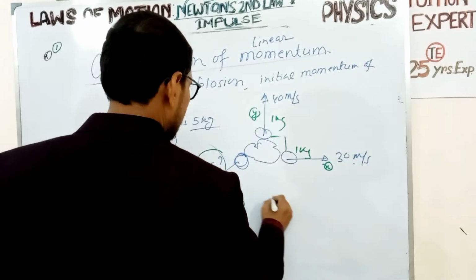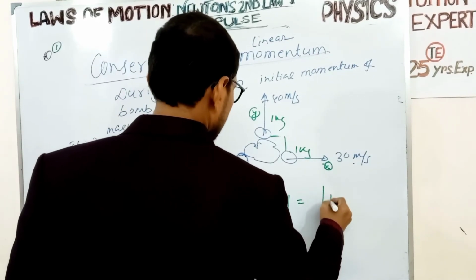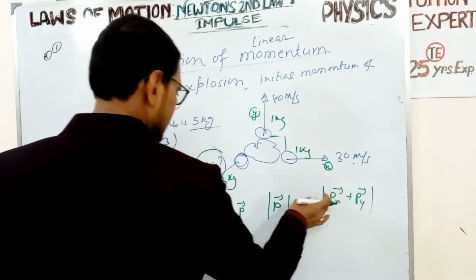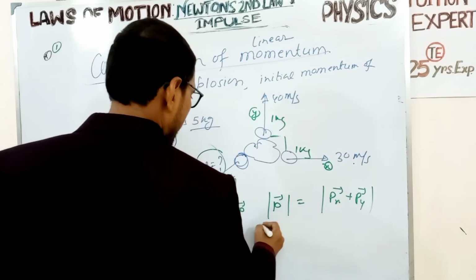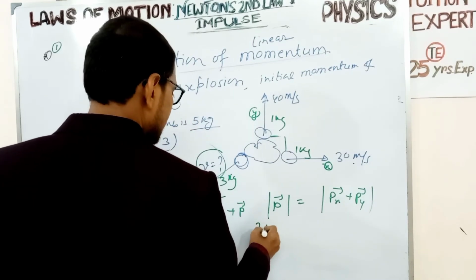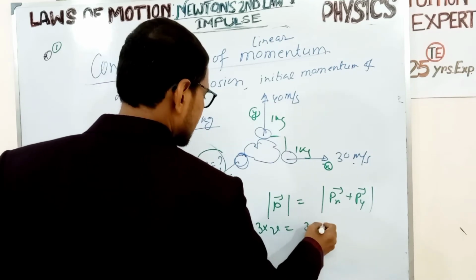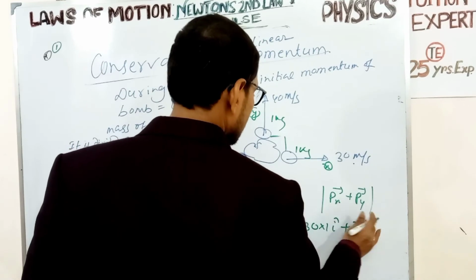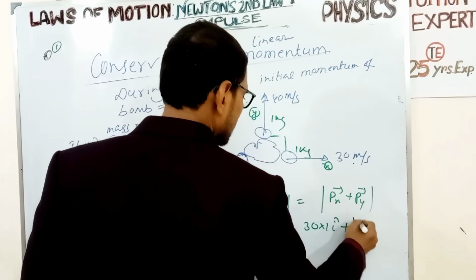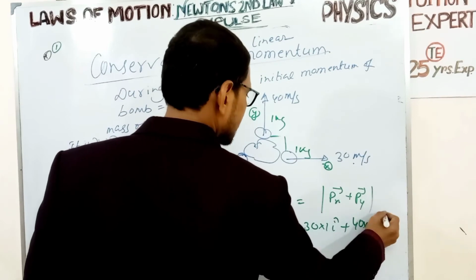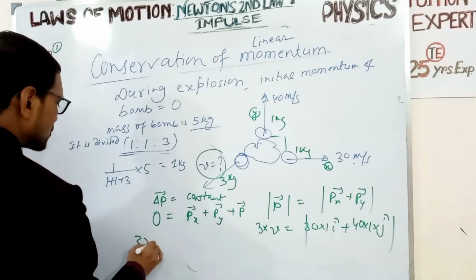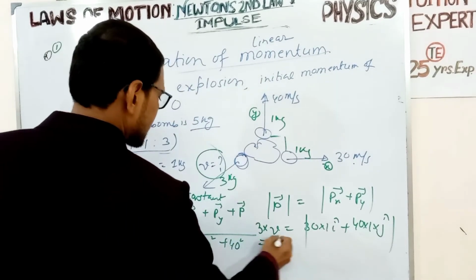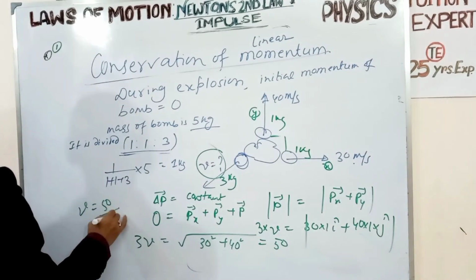Now p3 equals the magnitude of this; the minus will be cancelled if we take the magnitude. Px is 1 into 30 into i, and Py is 1 into 40 into j. So 3v equals root over 30 square plus 40 square, which is equal to 50. So v equals 50 by 3.